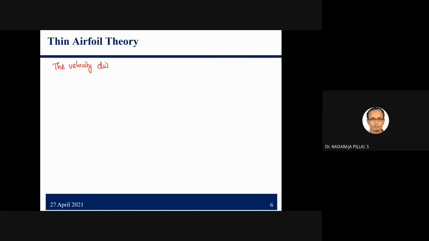Let us write the velocity dW at point X, induced by the elemental vortex at point zeta, is now given by dW equal to minus gamma of zeta into d zeta by 2 pi into x minus zeta.